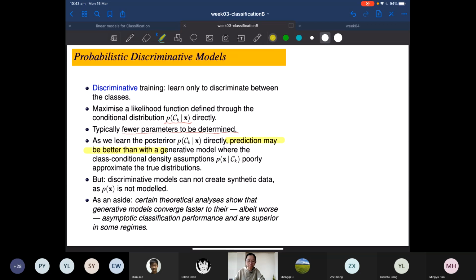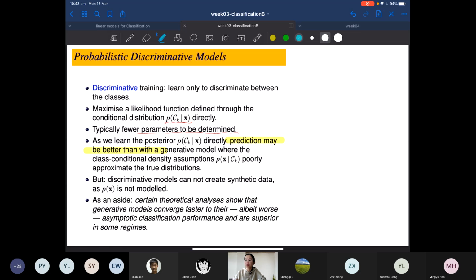It's better when the class conditional density poorly approximates the true distributions, meaning that if the true distribution is too complex or learning of the data likelihood is inaccurate, then going for the discriminative posterior might be better. So again, there's no free lunch.